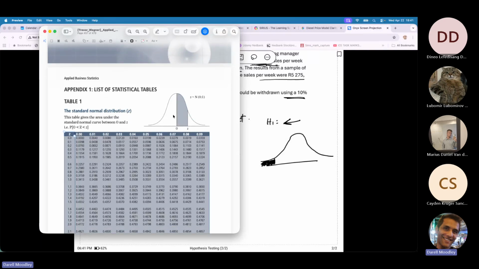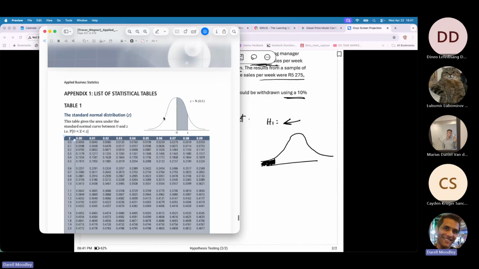If you look at the Z table, like what we were doing all this time, the area that's shaded is from 0 to the Z value. So everything in this table is the area from 0 to whatever Z value you specify.